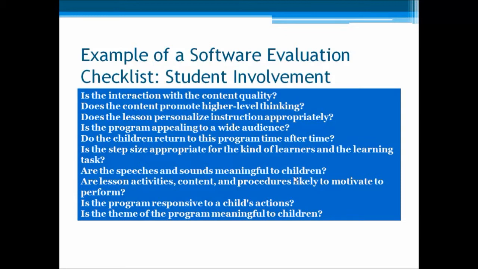What they mean by student involvement is the quality of interaction it promotes, the high-level thinking it encourages, the level of personalized instruction it offers, the appealing nature of the program, the ability to return to the program after one cycle, the meaningfulness of sound and words, the engaging nature of the lesson activities, content, and procedures, the responsiveness of the program, and the meaningfulness of the theme of the educational software.